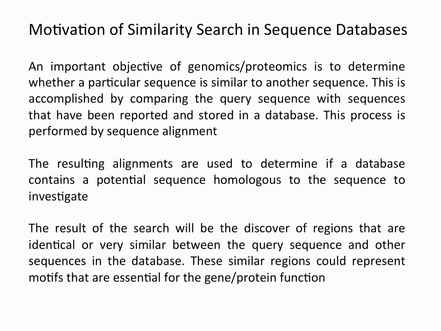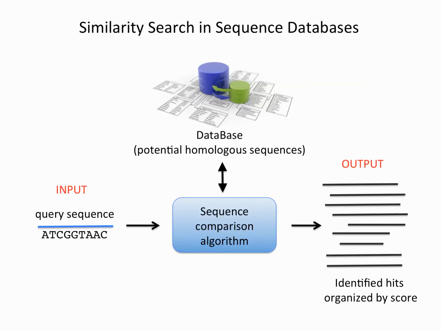Sequence similarity search is a very important tool in the genomics and proteomics fields, helping in the discovery of regions in genes or proteins that are essential for the function. This is a schematic representation of the process of searching for similar sequences.